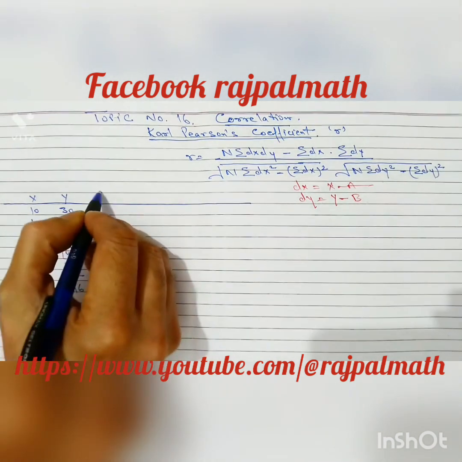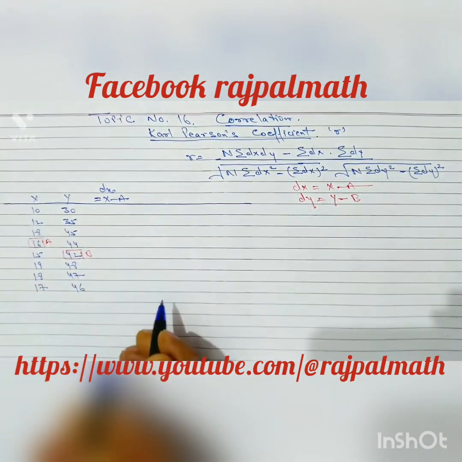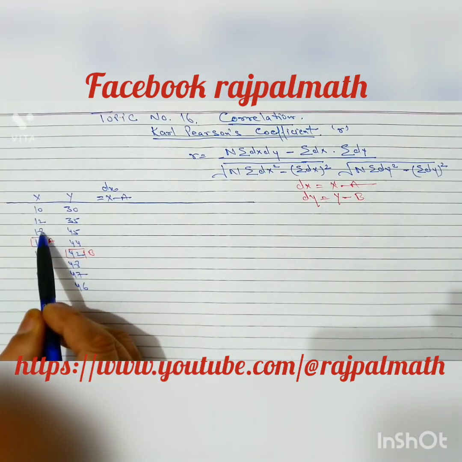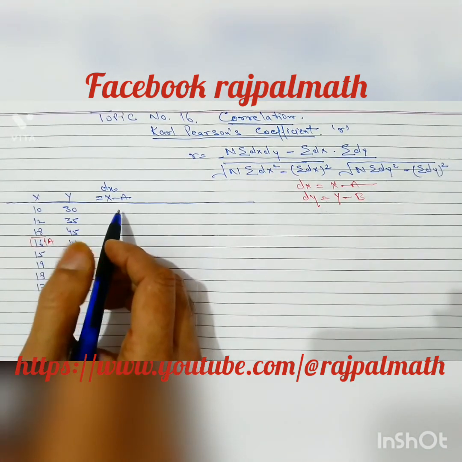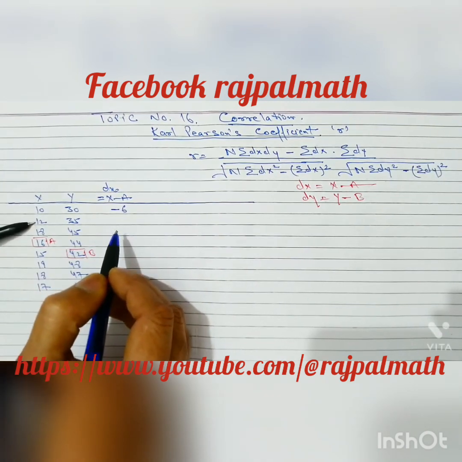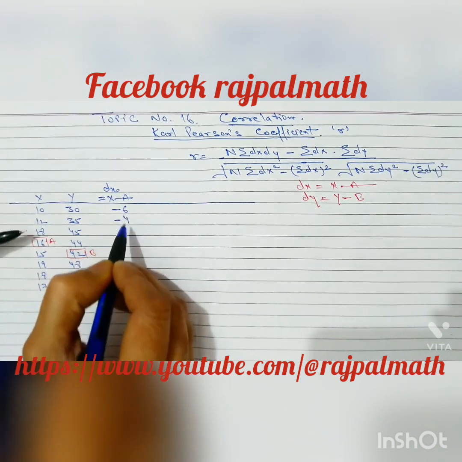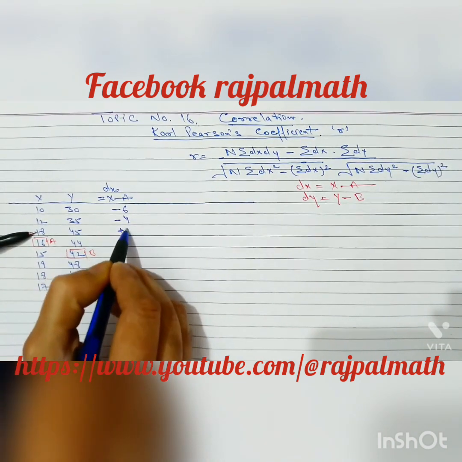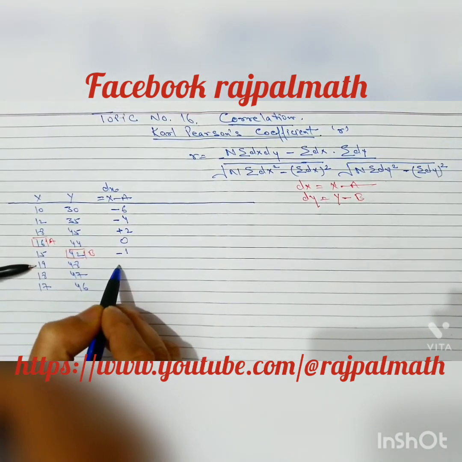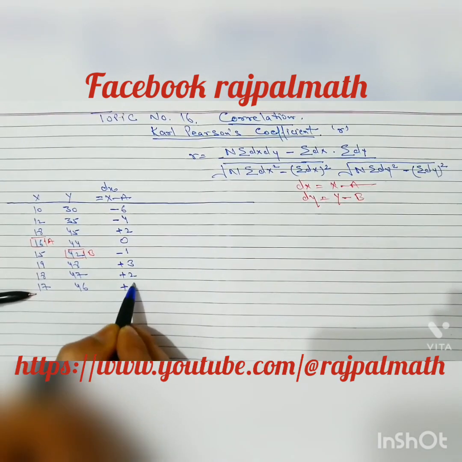Now first we have to find dx. dx is x minus A, right? 10 minus 16 is minus 6, 12 minus 16 minus 4, 18 minus 16 plus 2, 16 minus 16 is 0, 15 minus 16 minus 1, 19 minus 16 plus 3, plus 2 and plus 1.